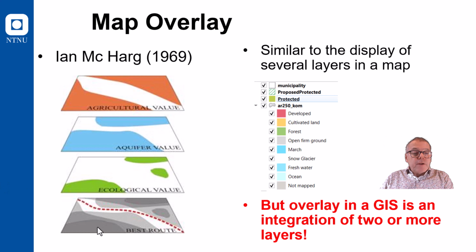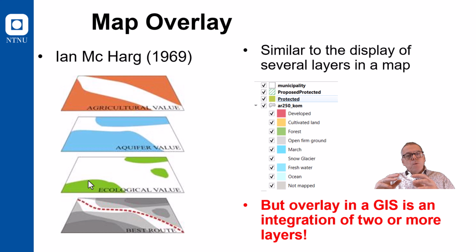The dark areas are areas where you have many interests, both agricultural, aquifer and ecological, and thus this area is bad for development. You should avoid developing in this area. So it's like a visual integration of the layers.